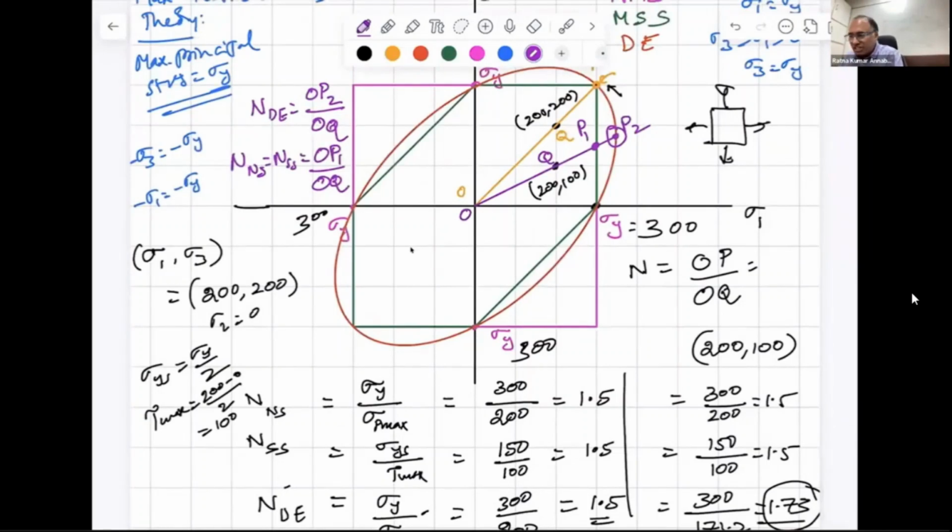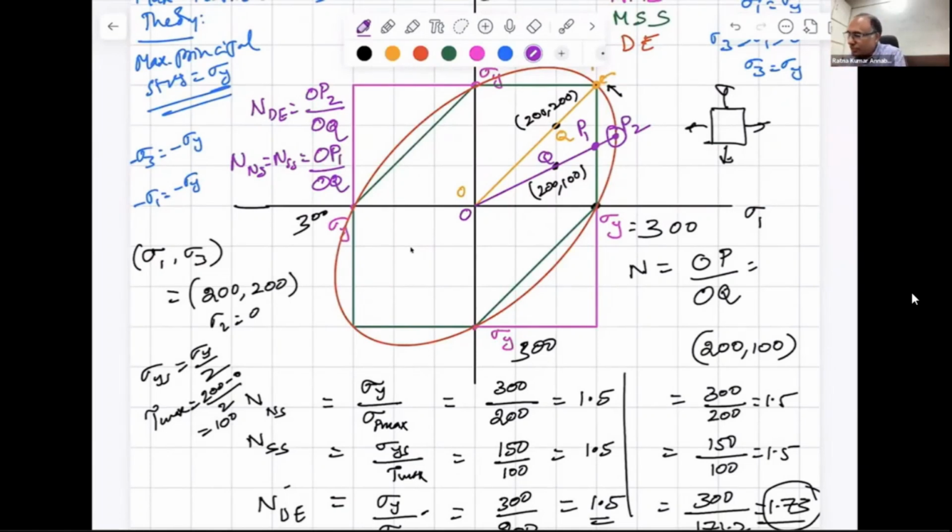If you look at the entire diagram, everywhere the distortion energy theory factor of safety will be either equal to or more than the shear stress theory. It will never be less than the maximum shear stress theory.